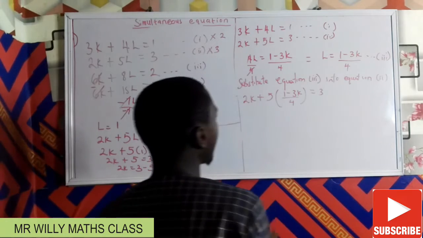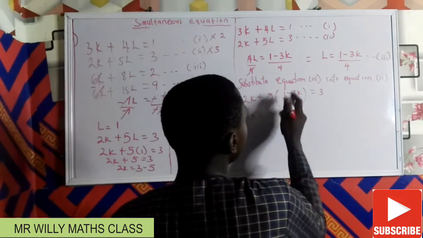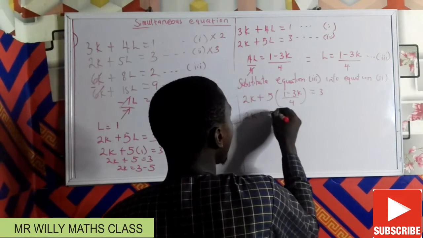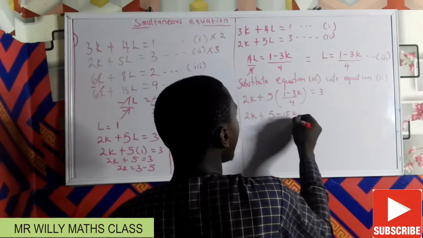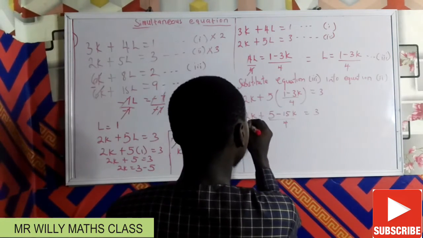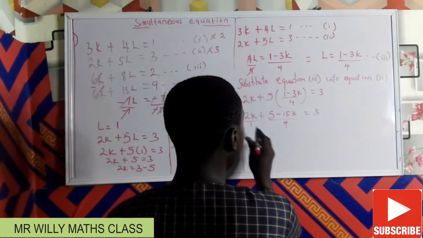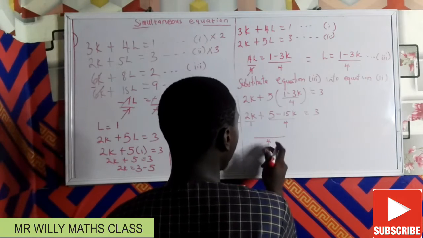So you move further by solving it. 2K, by opening the bracket, plus 5 times 1, that will be 5, minus 5 times 3K, that will be 15K over 4 equals 3. So you solve it. This will be over 1. Then you look for the LCM of 1 and 4. What is it? 4.